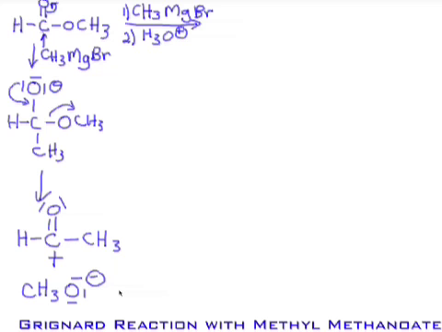Methoxide will act as a leaving group in cases where you're reforming a C double bond O. The C double bond O functional group, the carbonyl group, is relatively strong, and you do get quite a bit of energy back from its formation. It's energy sufficient to allow for the methoxide to act as a leaving group in this case.